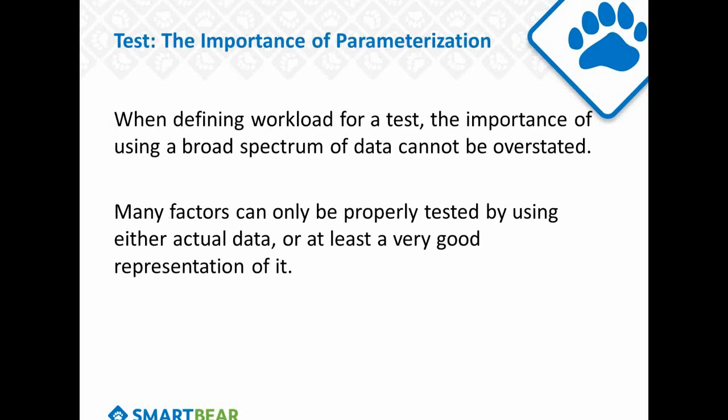Another thing here is parameterization. When you're defining your test, the importance of using as much varied data as possible, you can't really overstate it. Many factors can only be properly tested if you're using actual or at least realistic data.